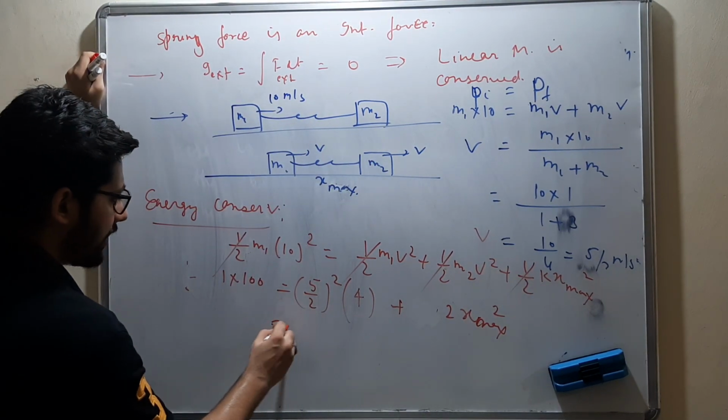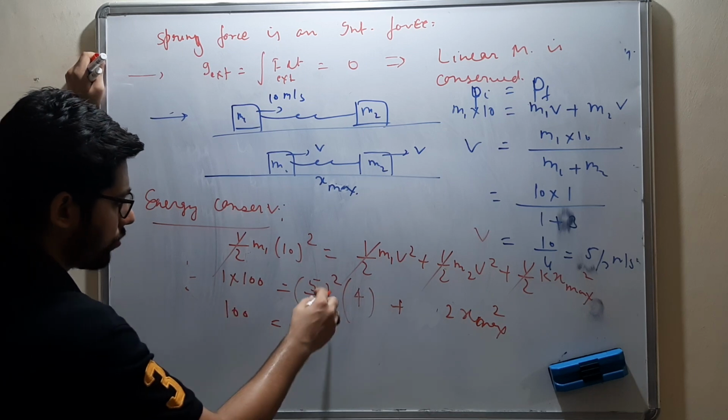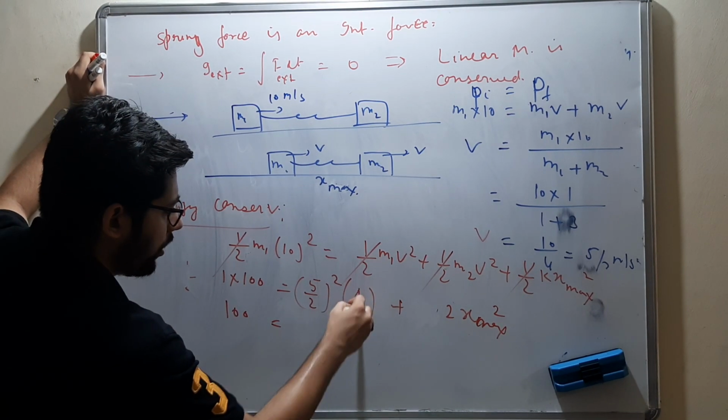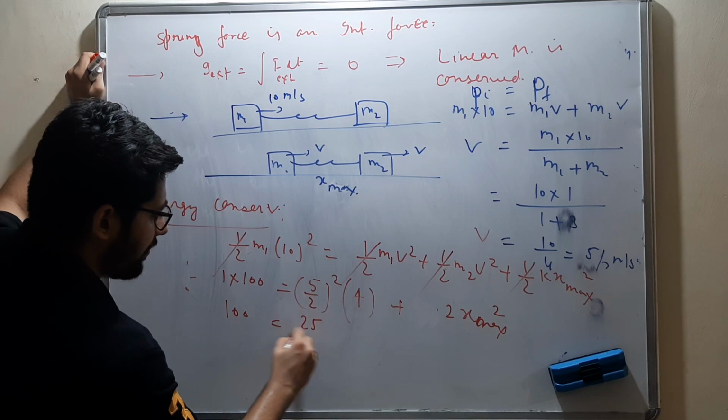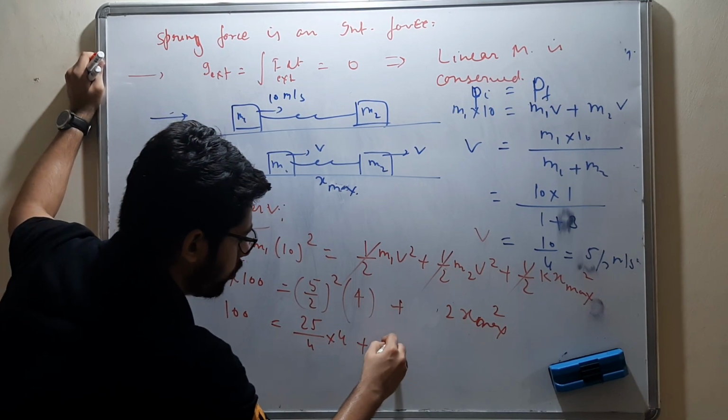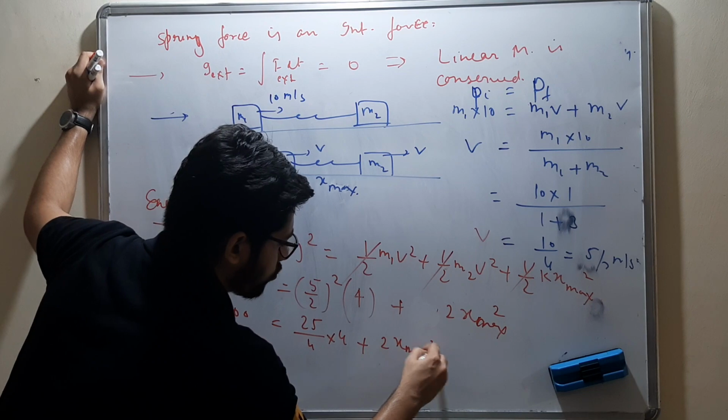So 100 is 25 by 4 into 4, plus 2 x max square.